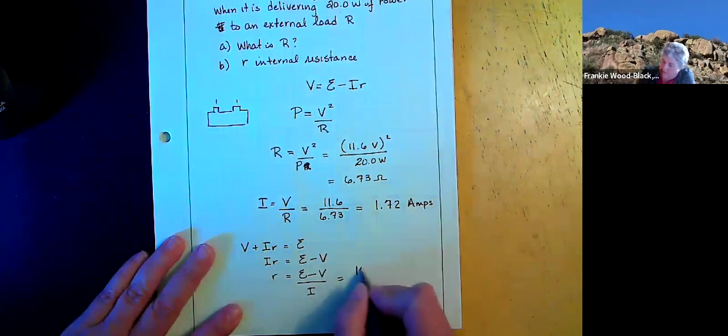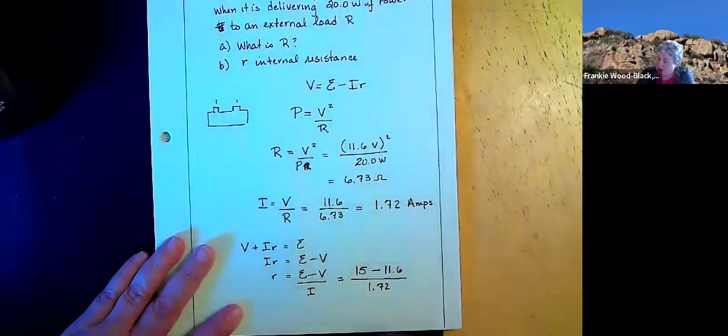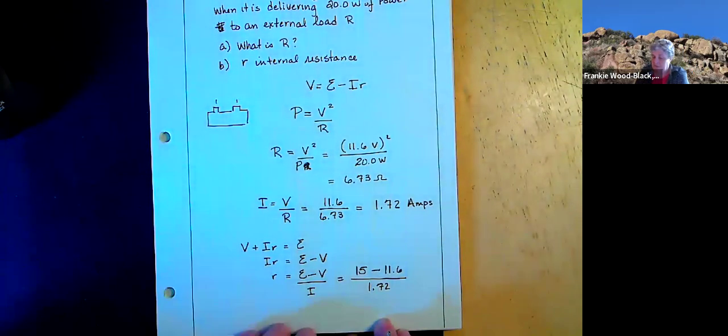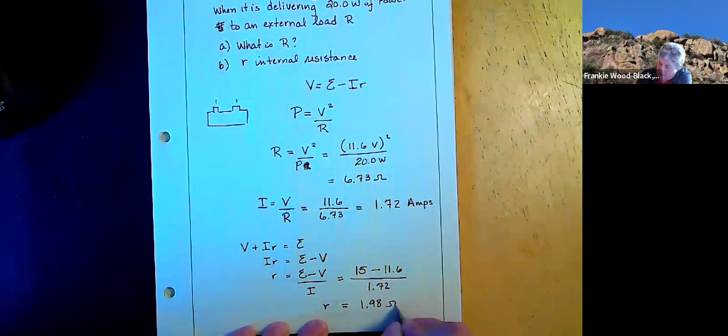My EMF was given to us as 15. The voltage that I have available is 11.6. The current I figured out is 1.72. Now if I do that, that's going to give me that little r is approximately 1.98 ohms.